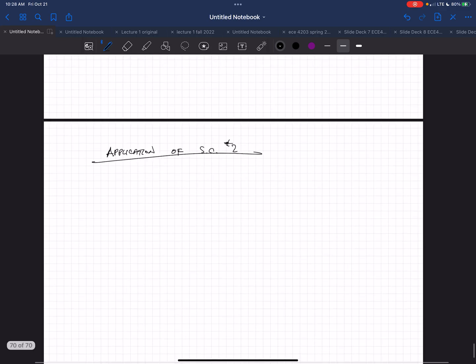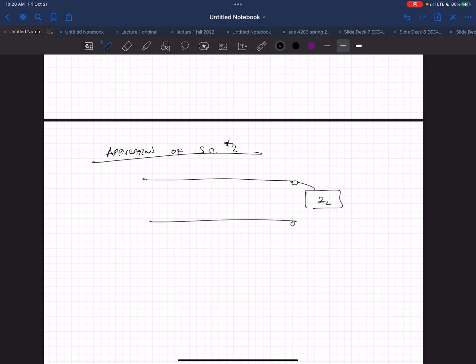So this second application is, remember again, that if Z sub L is anything other than Z0, I'm going to have standing waves on this transmission line. And they're going to have maxima and minima, maximum values and minimum values as I go along this transmission line.